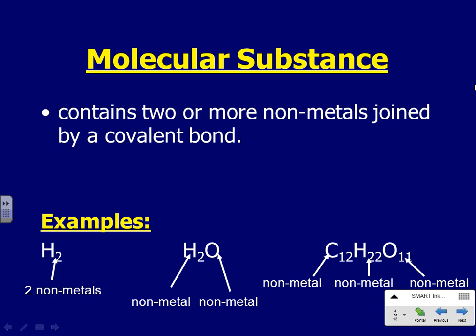Now when it comes to explaining the bonding in a molecular substance or covalent substance, I interchange those words, that's going to take me about 3 days to explain the bonding. Ionic, simple, 1 day. Opposite charges come together, they stick together, you're done.